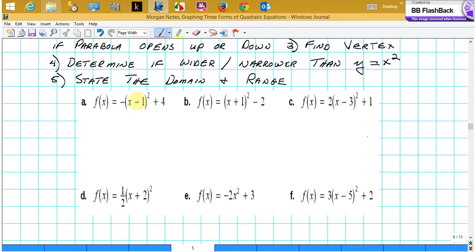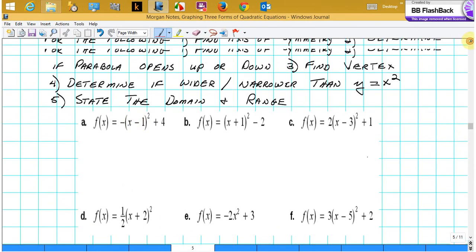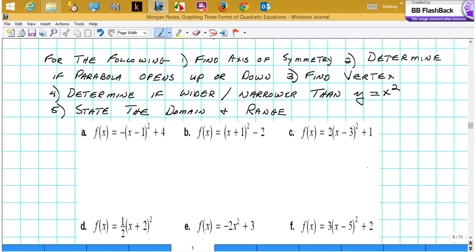The first thing I'm supposed to do is find the axis of symmetry. The axis of symmetry is going to be at whatever the h value is. So for the first one, h is equal to 1, k is equal to 4. So the axis of symmetry would be x equal to 1. Is it going to open up or down?